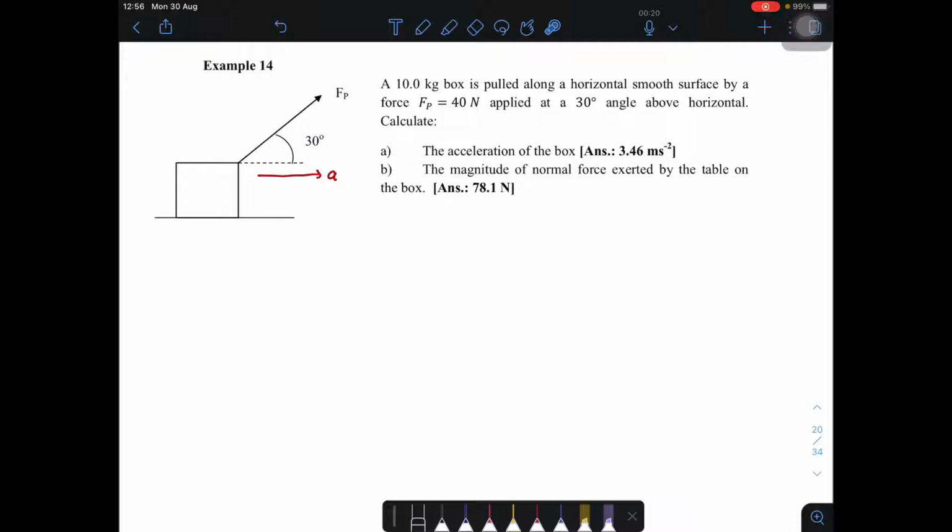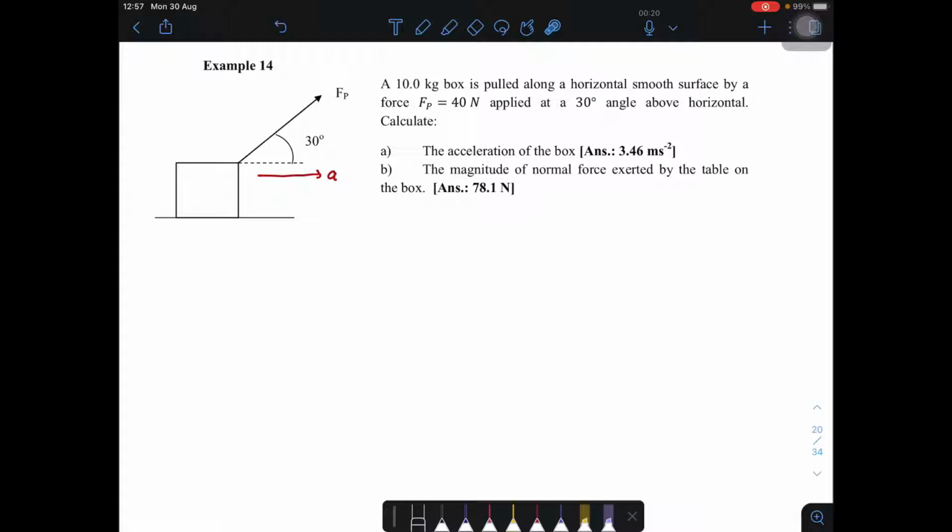This is exactly like Newton's first law, except that now we have acceleration. So you need to identify which way the acceleration is. We know there is an external force pulling towards this direction, so the acceleration is going to the right.